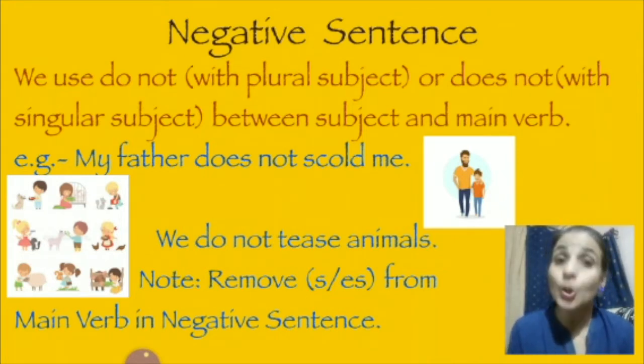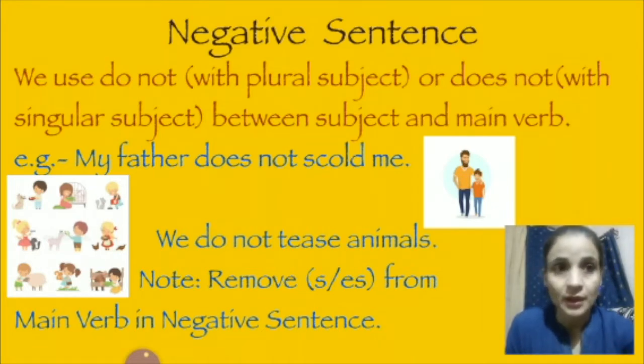Next example, we do not tease animals. We is a plural pronoun, so we are using do not. Here also you have to remember something: when we are using does not, we will remove S or ES from the main verb.